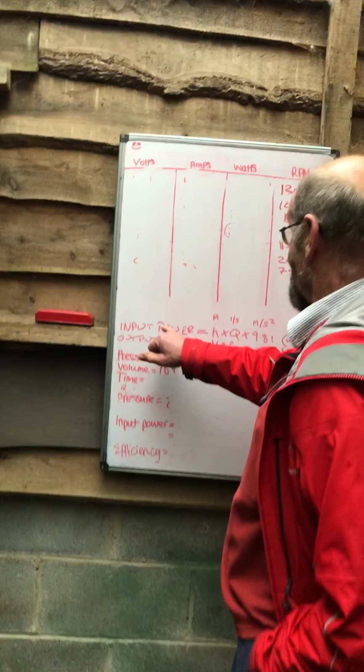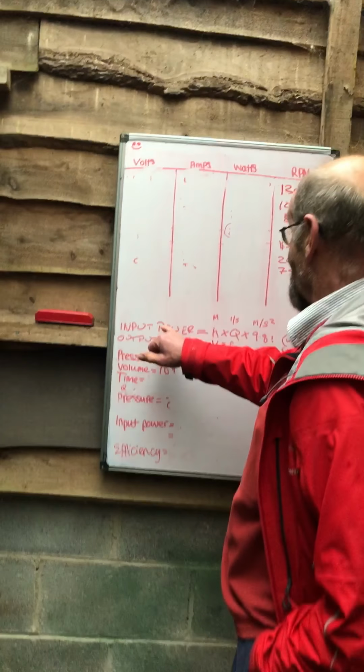This is the volume flow rate. It's very hard to measure mass flow rate because 1 litre of water weighs 1 kilogram. So you could say that the flow rate actually is a proxy for mass flow rate. And if that is in litres per second, our input power will be in watts, which is what we want.